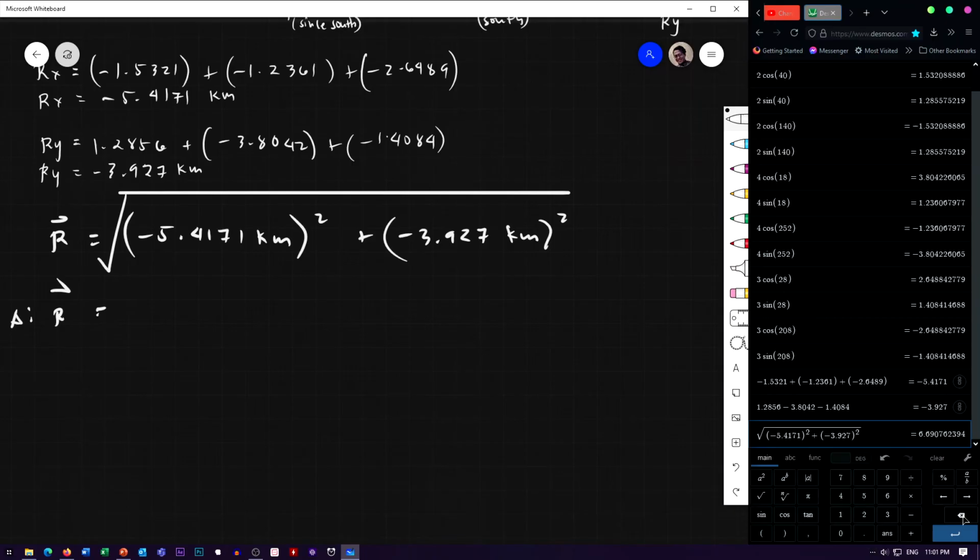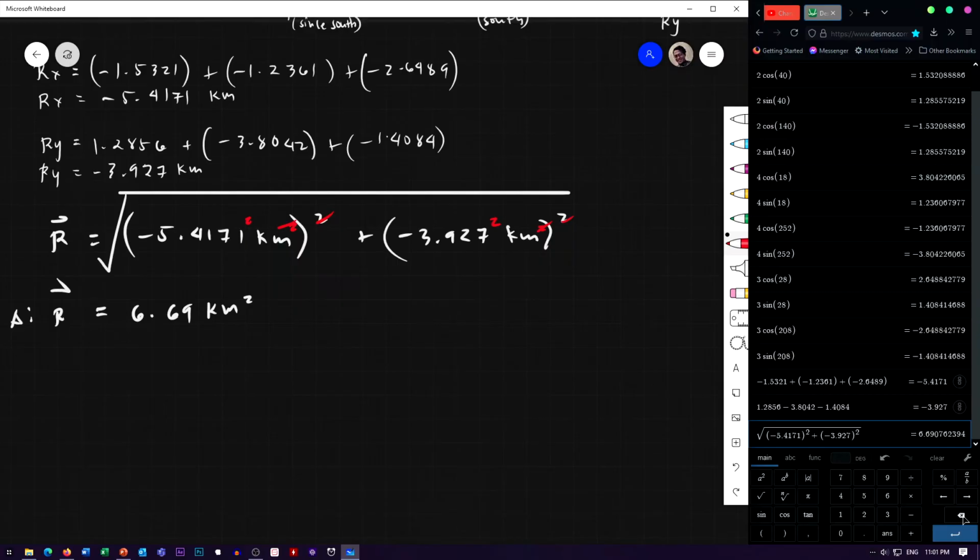So our final answer is 6 point, well, at this point you can round it off to 2 decimal places. So there's your answer: 6.69 kilometers. You can show the cancellation of units by squaring the units and squaring your values, then square rooting your numbers.